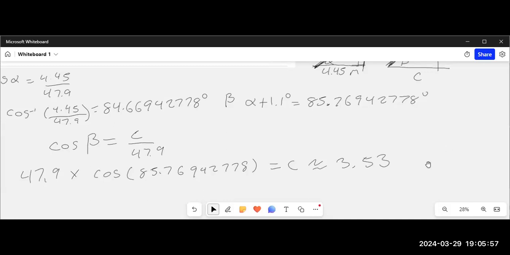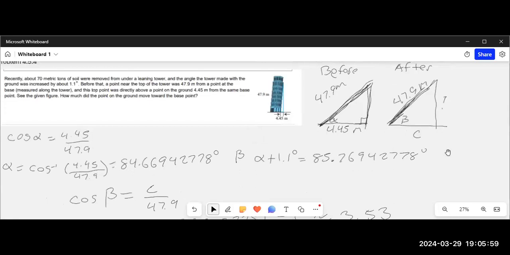So let's come back up here and put that on my diagram.